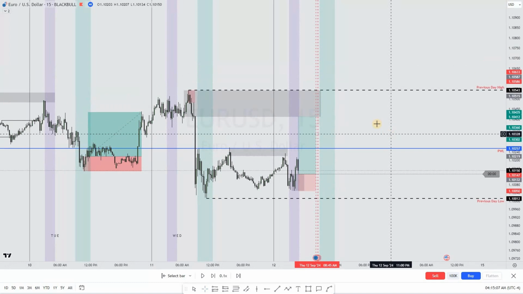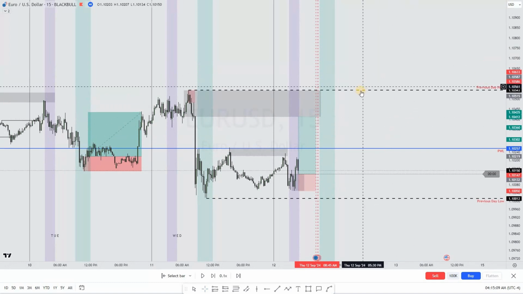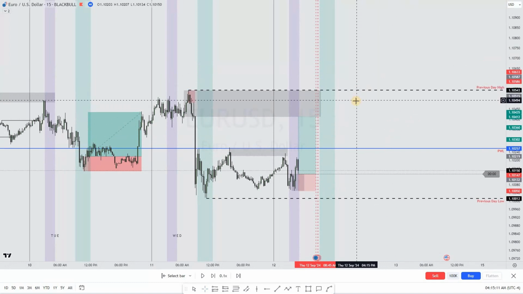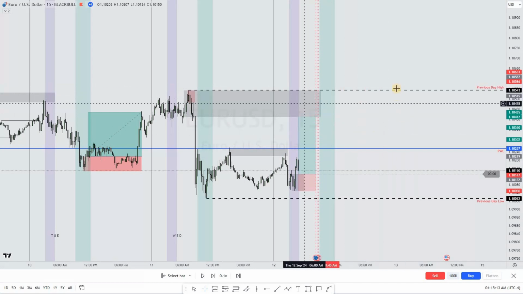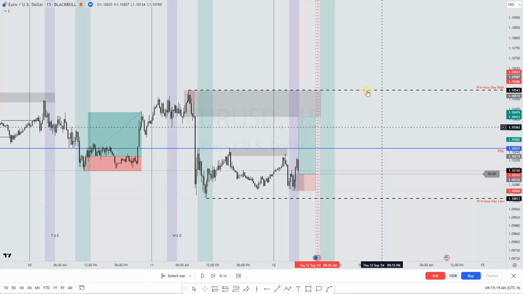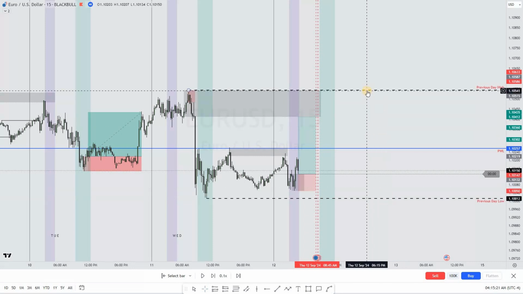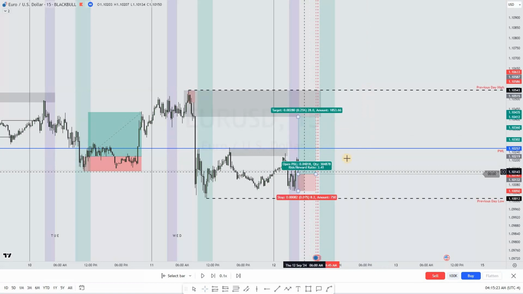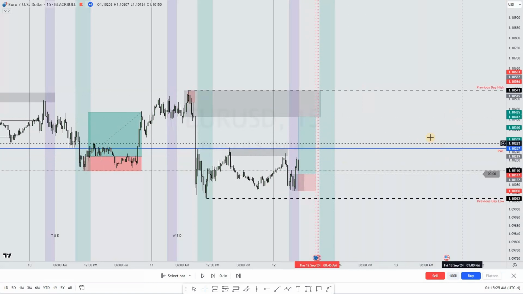Ideally I would want to take out this previous day high, because price usually takes out one side. It either takes out a previous day low and continues in that direction, or it takes the previous day high and continues in that direction. To just range in between the previous day high and previous day low is very rare.